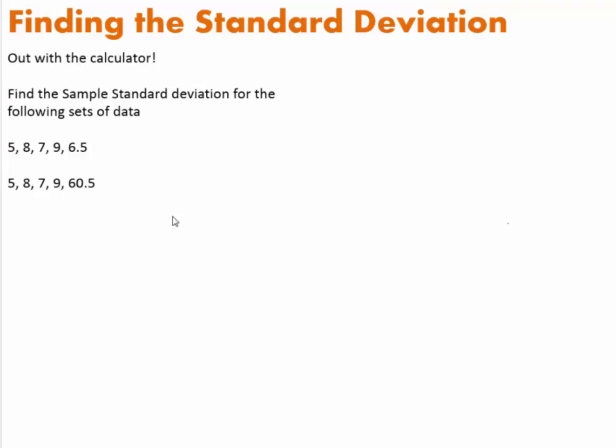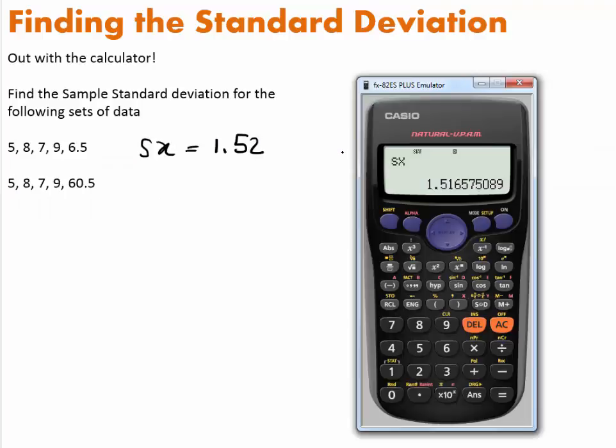Okay, so let's put that on. Sx equals 1.52. All right, so let's go back to our calculator. What I want to talk about now is what effect this larger data set is going to have on the sample standard deviation.